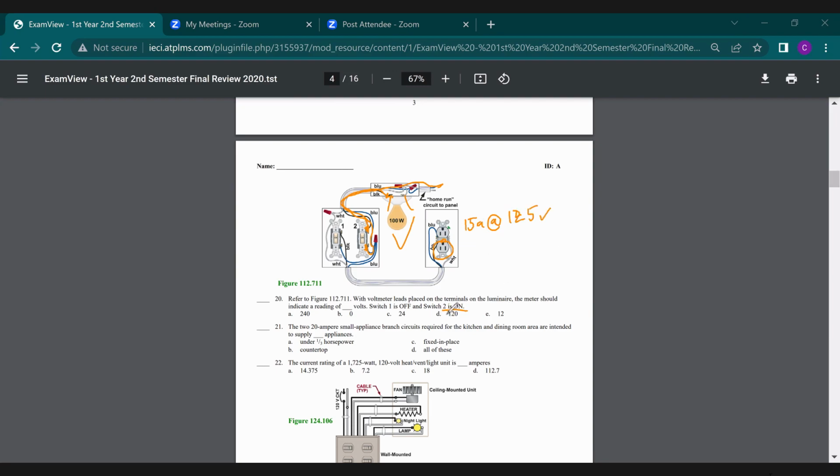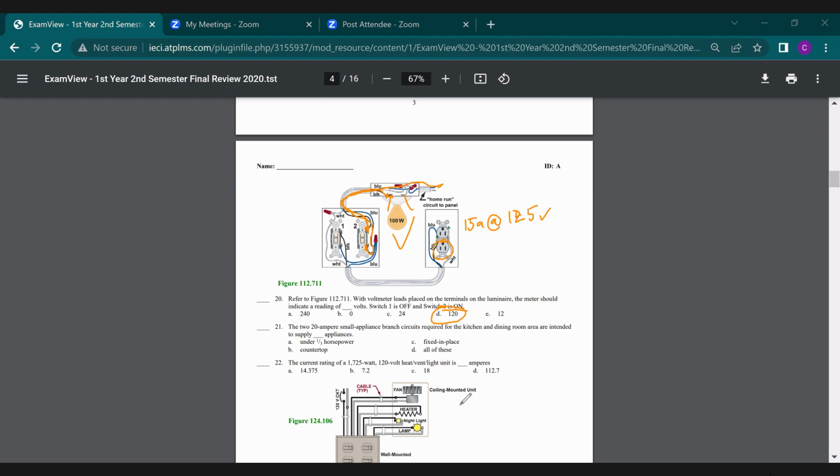So on a normal circuit, it'd be 120, which is the voltage that you would see. It is a little bit tricky, but it's a normal duplex receptacle rated for 15 amps. If it's our normal receptacle, it's our normal voltage for it. It is a little bit of an assumption, but I think you guys got that.